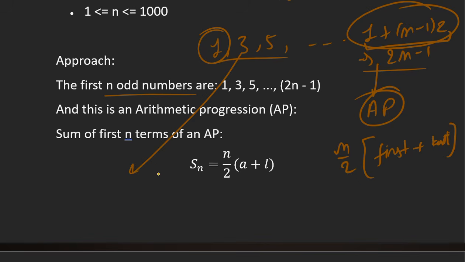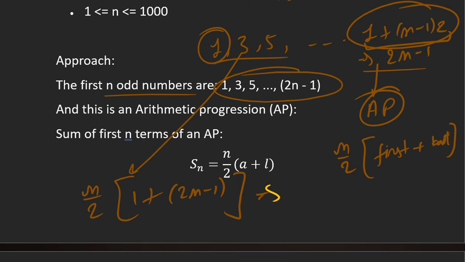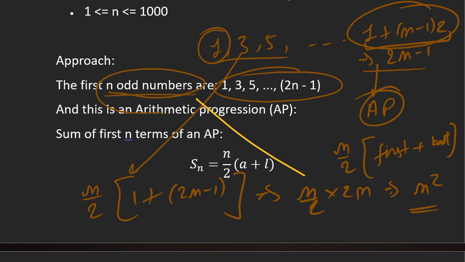So if we apply it to our AP, we get the sum as n by 2, first term is 1, last term is 2n minus 1. When we solve it, we get n by 2 into 2n, so it will be n square. So the sum of the first n odd numbers is n square, right?